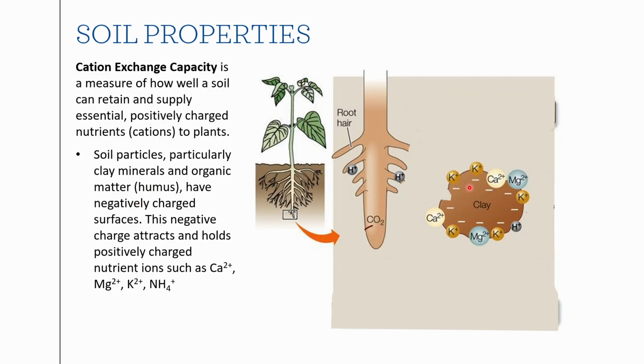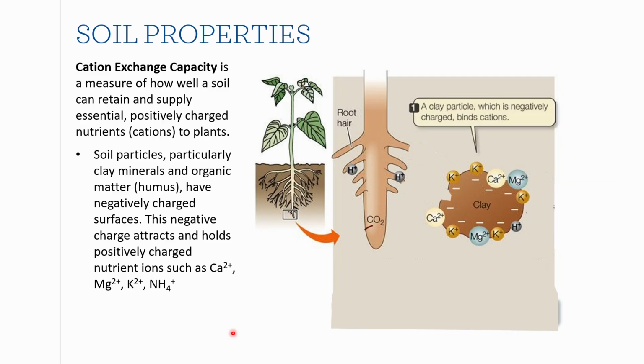These negatively charged surfaces will hold on to important cation or positive nutrients like calcium, magnesium, potassium, as we've mentioned in the previous important macronutrient, and even ammonia, which is an important soil component for plants as they assimilate nitrogen into their body. But the clay is holding on to the particles, so it's not really biologically ready to be absorbed by the root hairs of the plant.